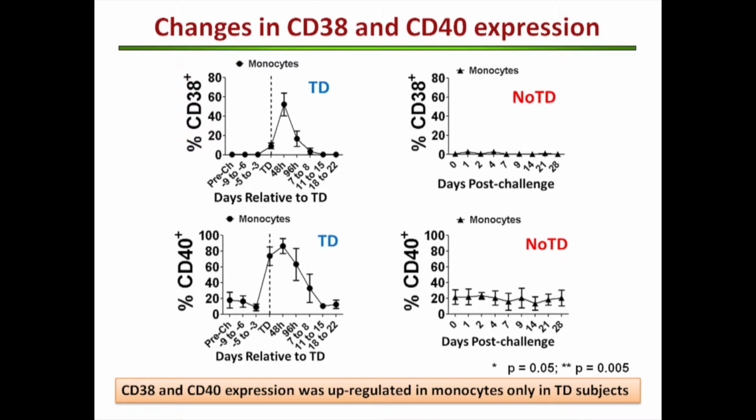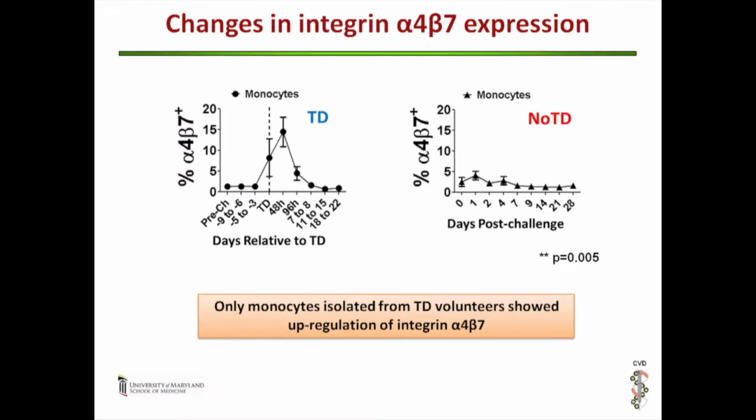This is in circulation. However, in the monocytes from the no-TD volunteers, these are the two right panels, you can see that there is absolutely no movement. It's like they have not seen the bacteria.